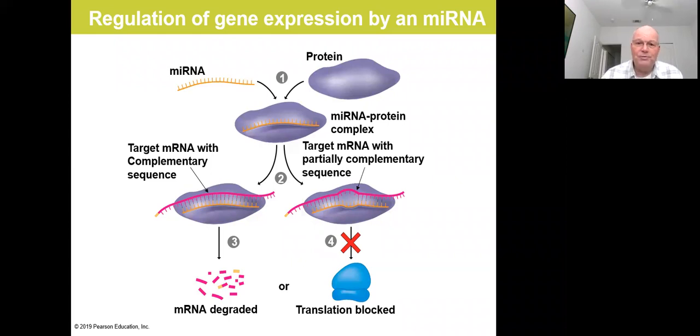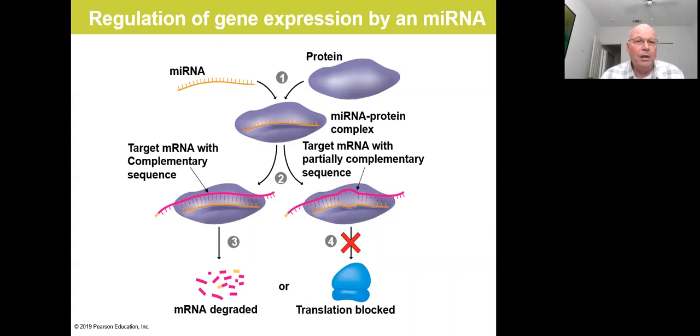And we know that this is a way of regulating translation because we actually use this to our own purposes. Because we can make synthetic siRNAs and inject those into cells to block the expression of particular genes so that we can find out what that gene does in a cell.